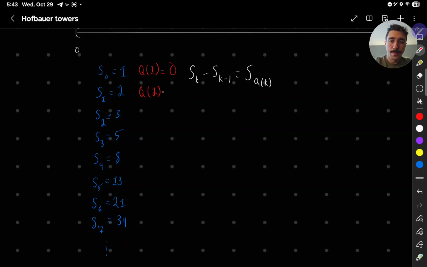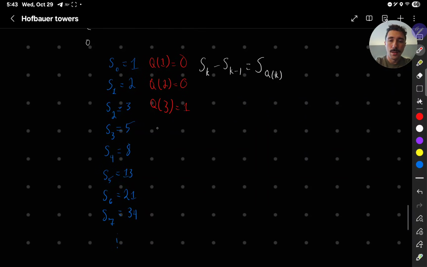q2, what's 3 minus 2? That's 1. s0 is 1, so we write 0. q3, what's s3 minus s2? It's 2. So I get 1, because that's the index of the cutting time that is 2. q4, the difference is 3. 2 is what I get. q5, s5 minus s4 is 5.